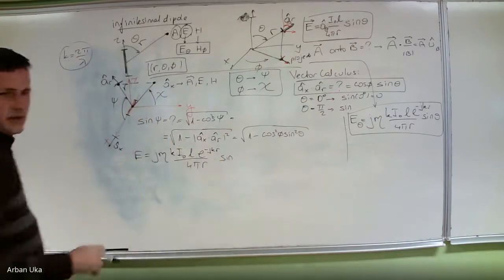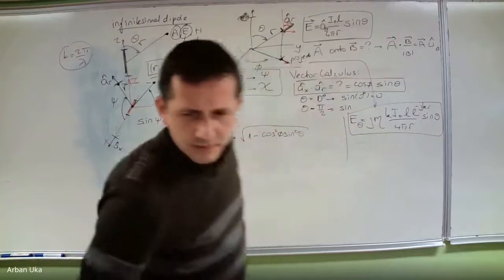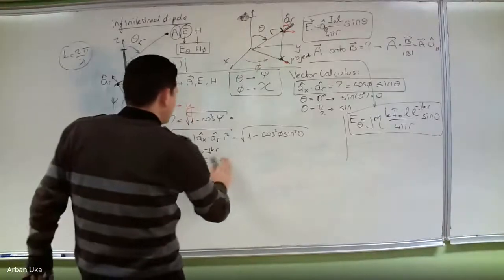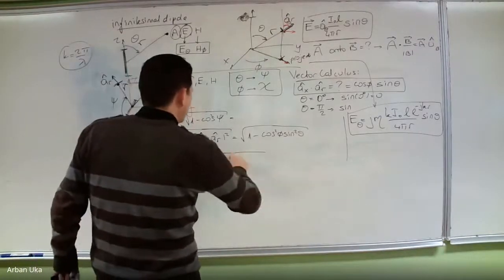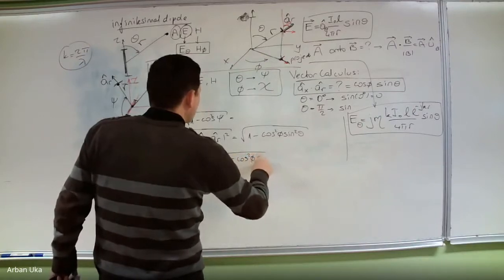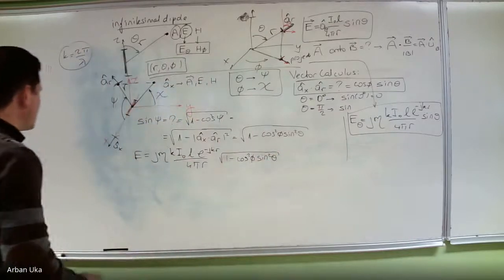Now this sine phi that we have here is going to be equal to the square root of 1 minus cosine squared phi sine squared theta.